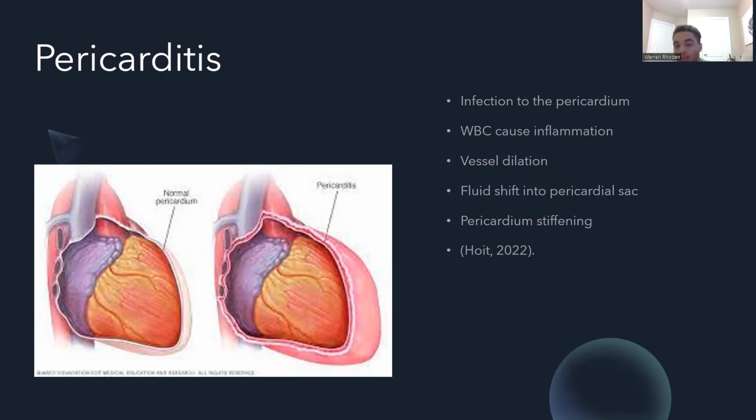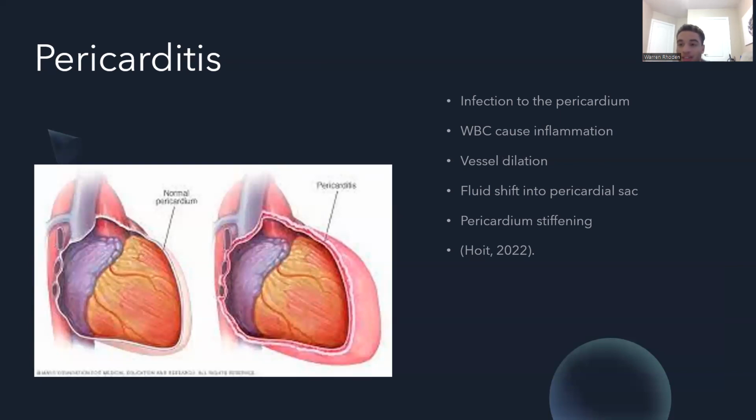Under 100 to 200 milliliters, this is still pericarditis, and this tends to lower the contractility of your ventricles, which will reduce your cardiac output. Also, with fluid shifting you're going to see some fibrosis and tissue damage to the exterior portions of the ventricles, which will result in stiffening of the pericardium.